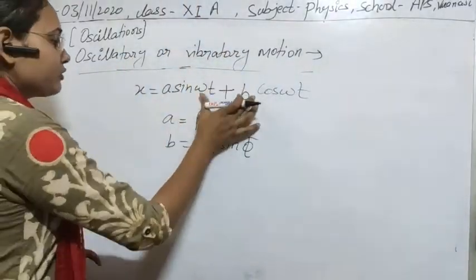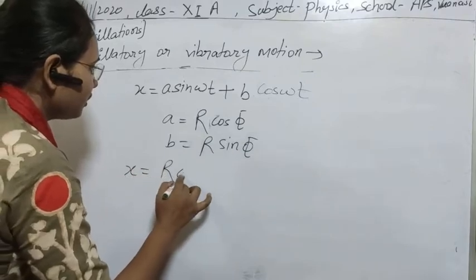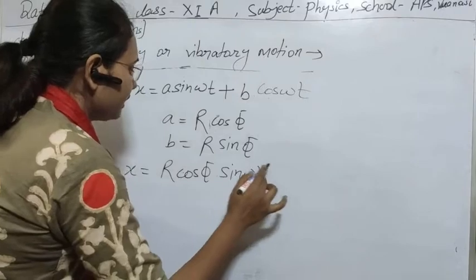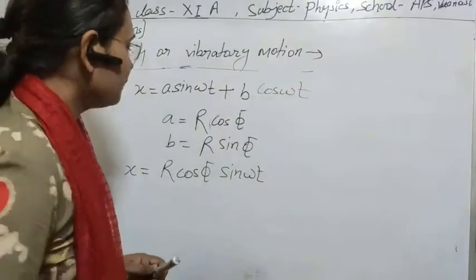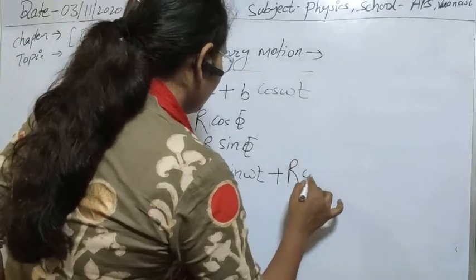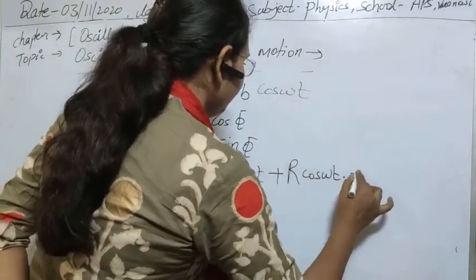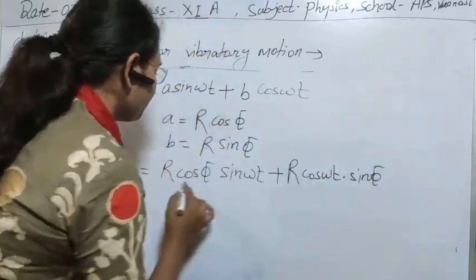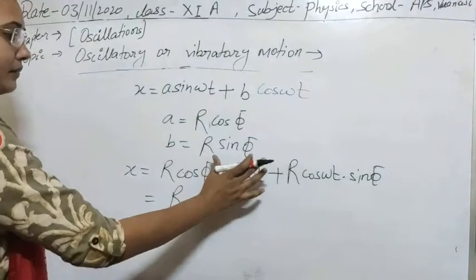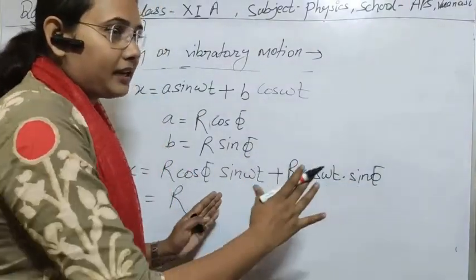So we can calculate it. Let's put these values in this equation. The final value will be r cos phi sin omega t plus r cos omega t into sin phi. We can write it in this form also. After solving this, if we take r common, as you are seeing, this is the form of sin(a plus b).